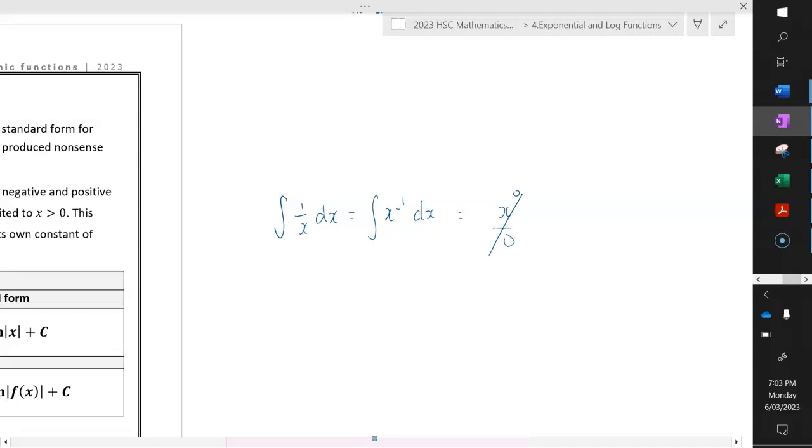So when I try to integrate something and I'm going to end up with a 0 and a 0, I actually am looking at a log. So log to the base c, or ln. So let's scroll back over here.